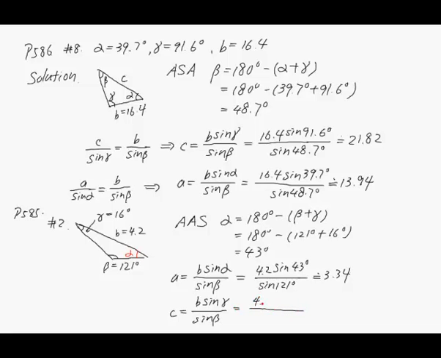So I have the 4.2 times sine 16 degrees over the sine 121 degrees, and then you simplify, you have 1.35. And in this way you find the length of the other two sides.